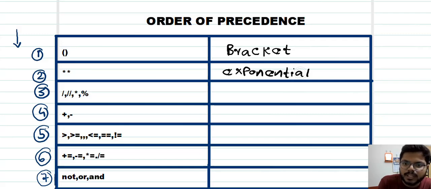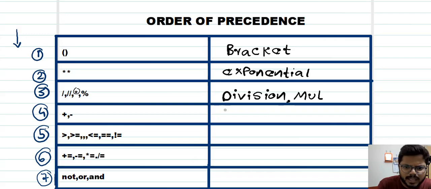First of all, we will fill this table and proceed with the implementation. This is a division, and there is a multiplication symbol here. So multiplication. This is addition and subtraction.